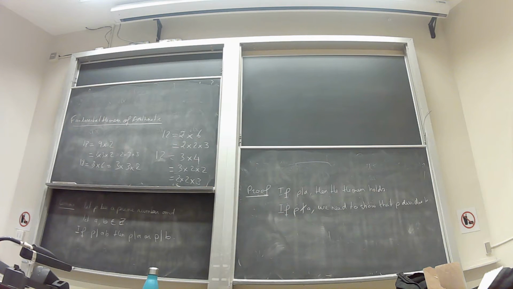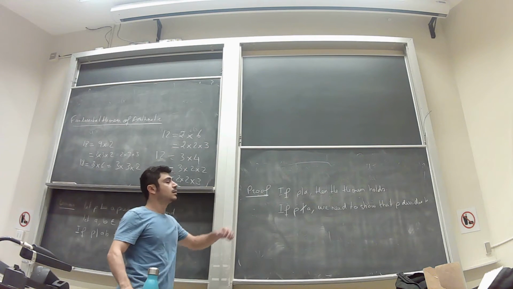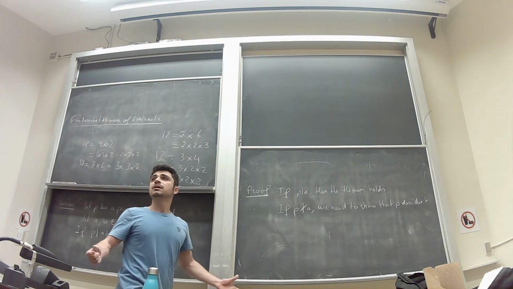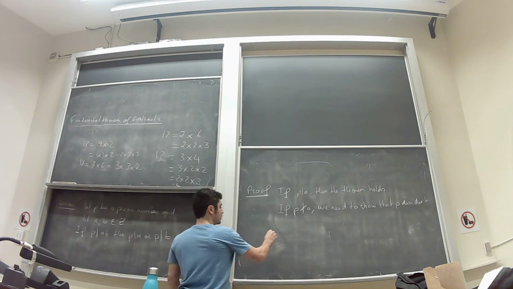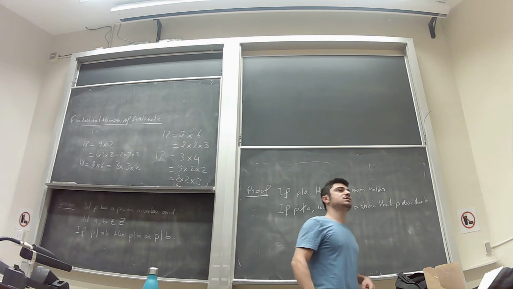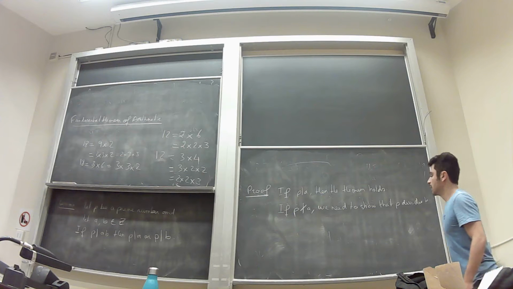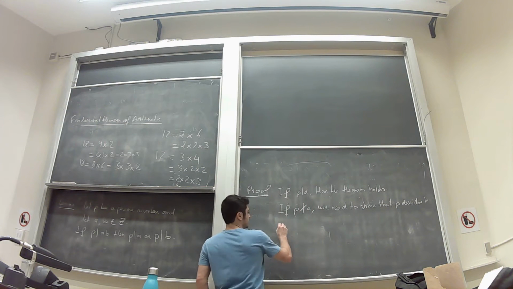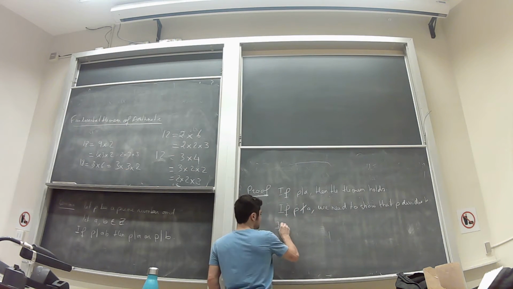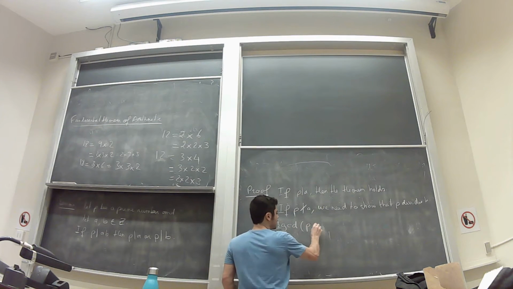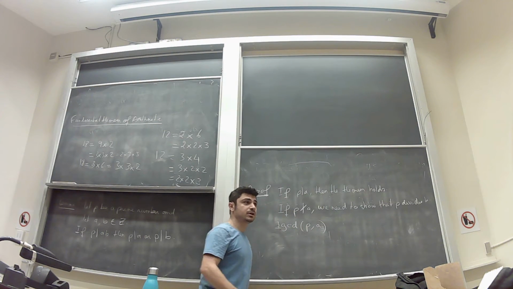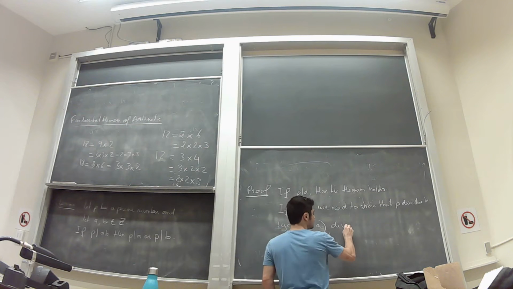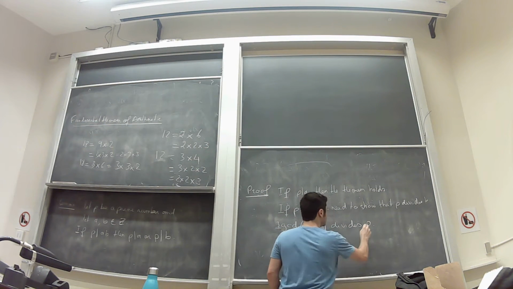Are we good here? Everybody? Is it clear? Any question on that? Okay, so if P doesn't divide a, what can I say about the gcd of a and P? The gcd of P and a divides P, agree? The gcd of two numbers divides each of the two numbers, right?